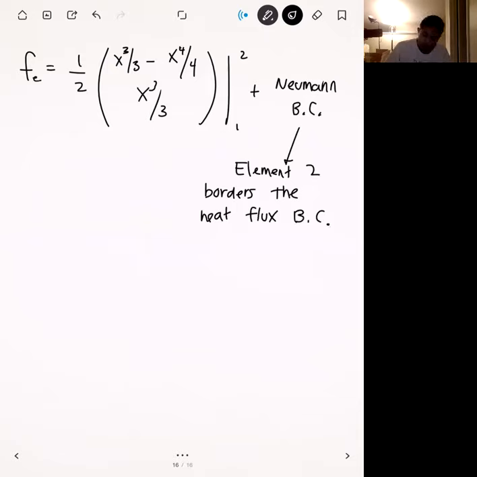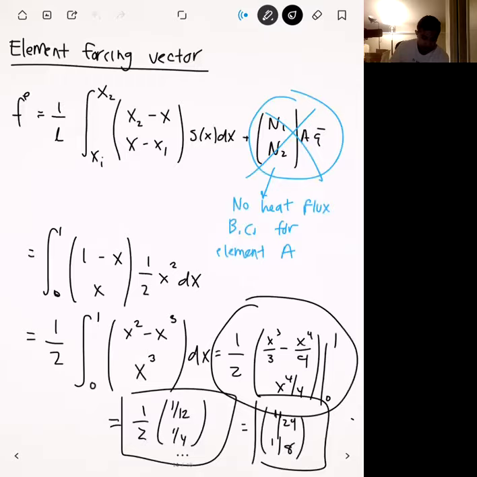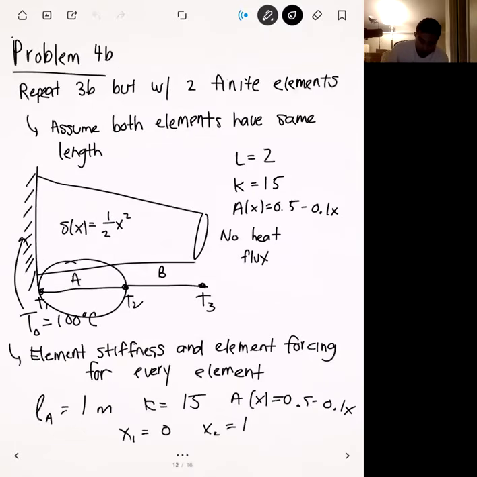And so what we're going to do here is N1, N2 times q bar A. If we look back at our original domain, we can see that the heat flux boundary condition is on the right side of the domain. And so if we look at element 2 here, the node that borders the heat flux boundary condition is the rightmost one, or the one on the right.